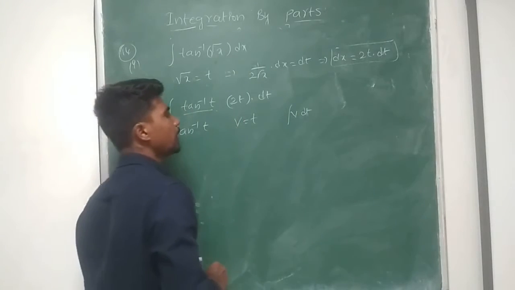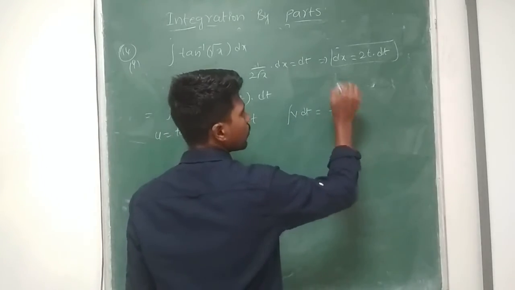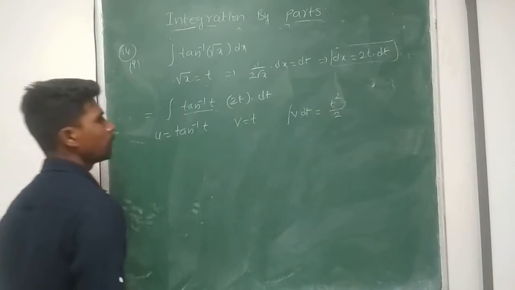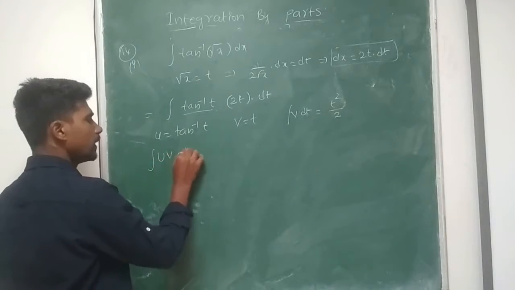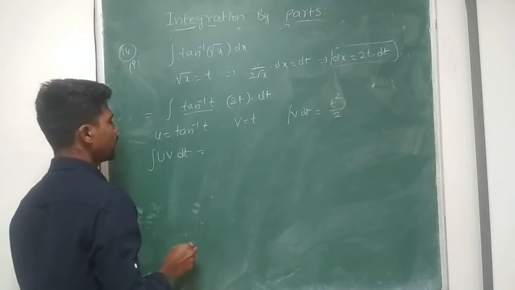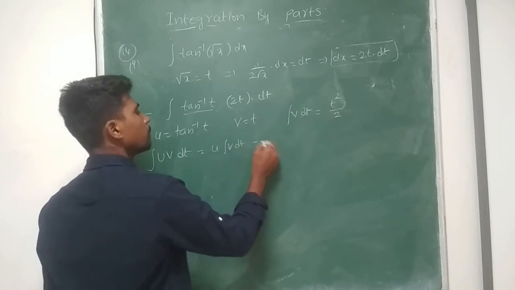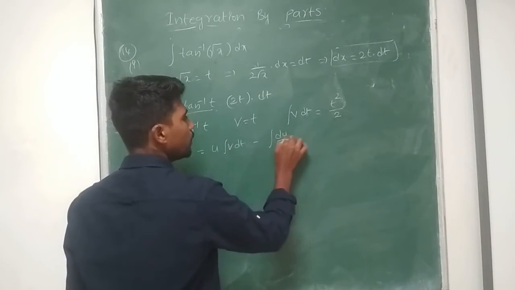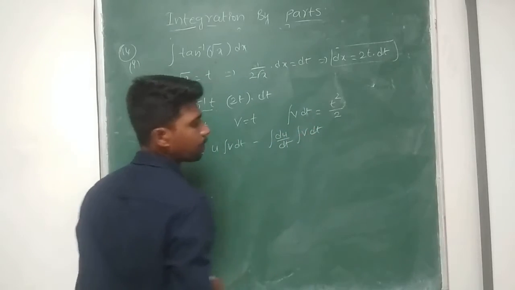So integral V dt is nothing but equal to t square by 2. So replace in the formula integral u v dt, because these all functions are defined in terms of t. So integral u v dt is equal to u integral v dt minus integral du by dt integral v dt.